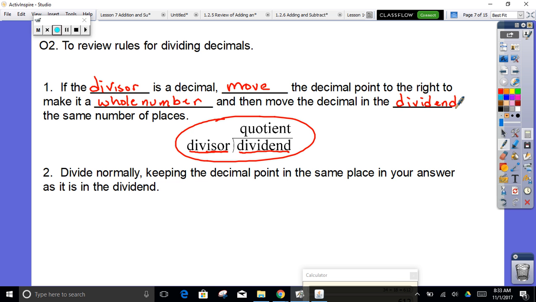And then you just divide normally. You keep the decimal point in the same place in your answer as it is in the dividend. So wherever it ends up here, you just move it to the top. So if the decimal were here, I would just move it up and I could stick it in my answer right from the beginning. Okay, let's look at some examples of this.